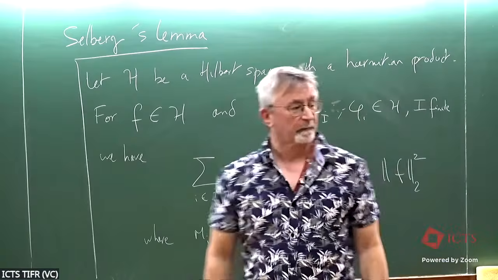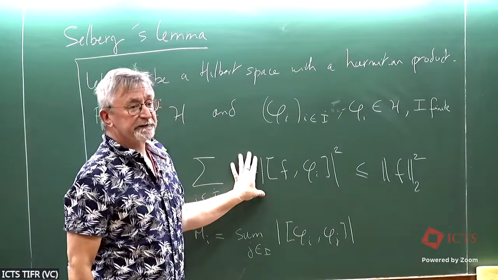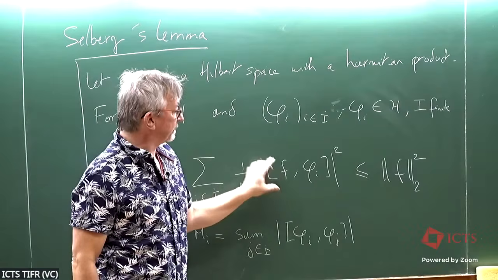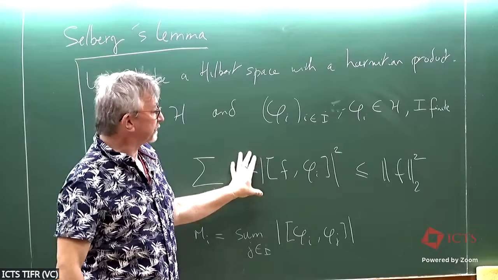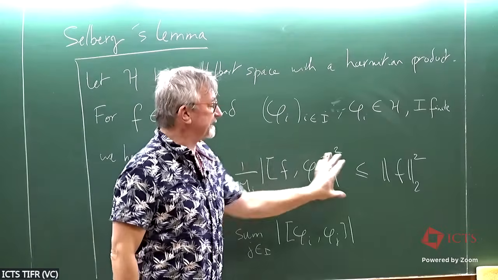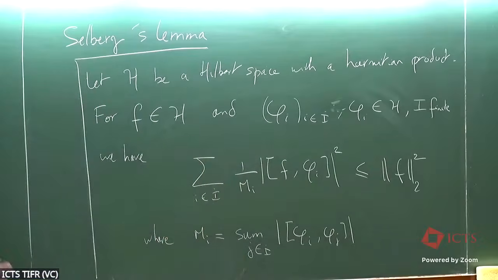Then what you get here is essentially the norm of f on the space generated by the phi, and you say that this norm of the projection is less than the norm of f. So it's an approximate Bessel inequality that I'm going to prove in two lines.